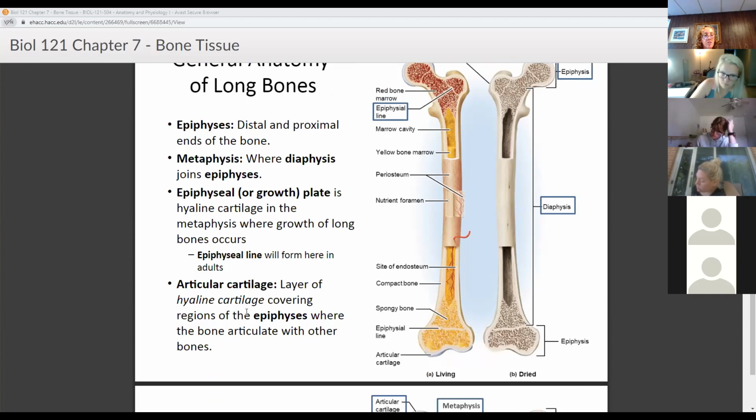Articular cartilage is the layer of hyaline cartilage covering the regions of the epiphyses where the bone articulates with other bones. So where in the long bones is hyaline cartilage found? Isn't it on the ends? It's on the ends. Where else is it?